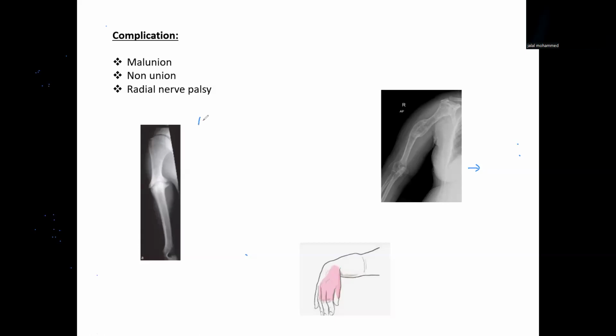Whereas non-union, what are the causes of non-union? As I told you before, the 5 I's: 1, 2, 3, 4, 5. What are the 5 I's? One is inadequate reduction. We already dealt with that, but this is only for repetition. Then inadequate immobilization.